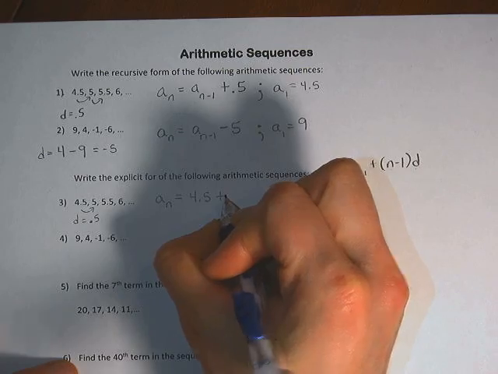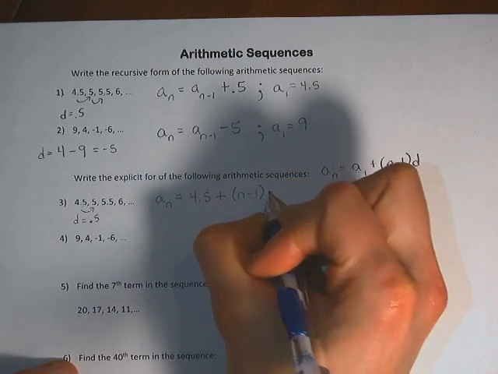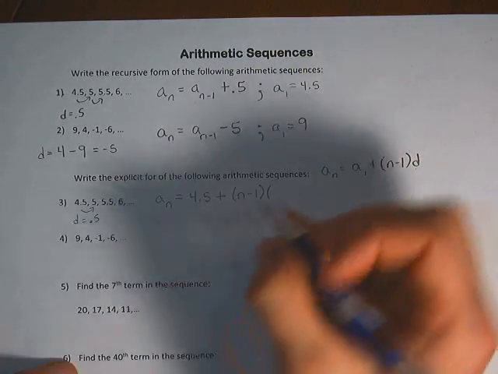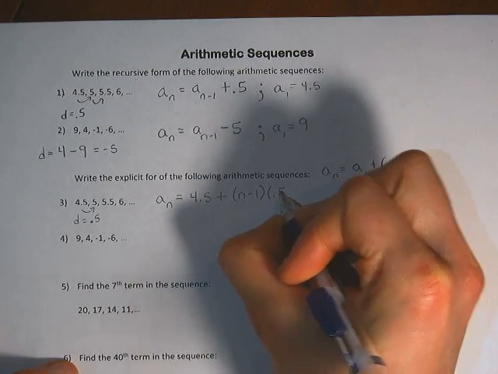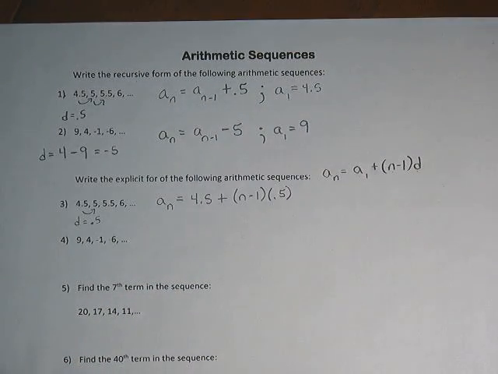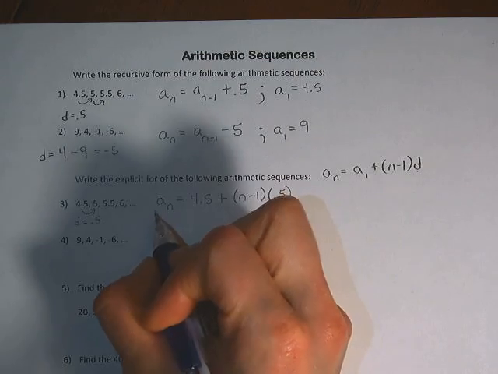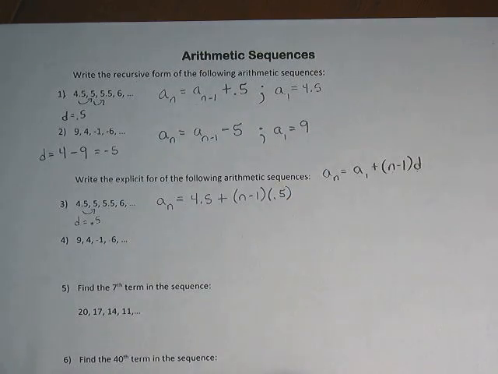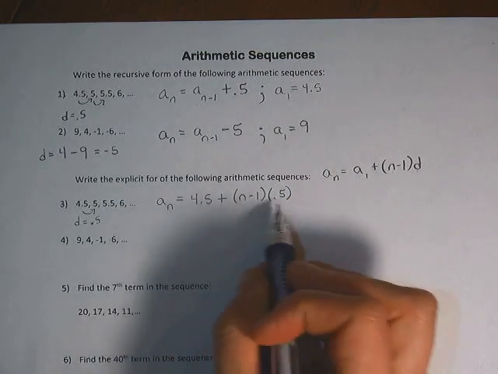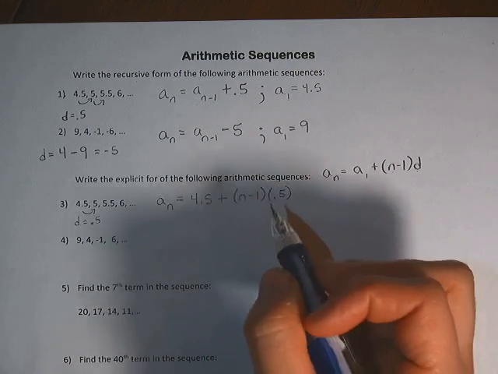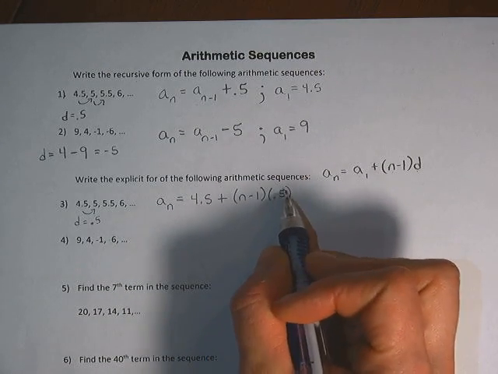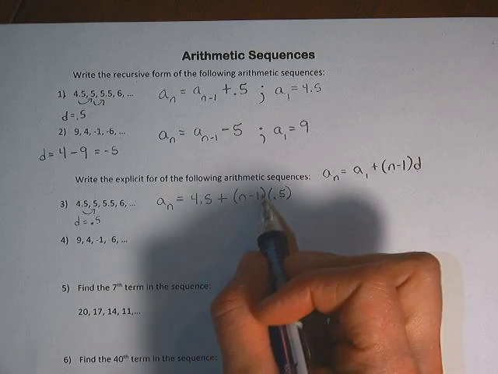And then it's plus, remember the n stays the way it is, and then you multiply it times, well, my common difference was 0.5. Okay, so that is one way that you could write the explicit form. The other way is if you actually kind of simplified it. So for instance, if I notice this 0.5 is being multiplied times this.